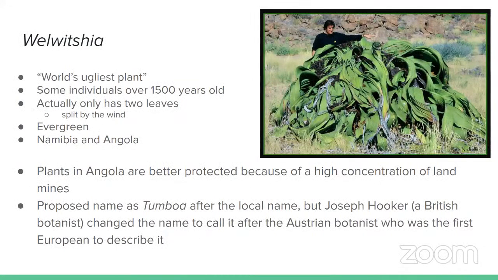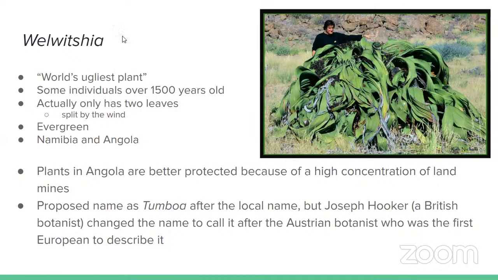Still in this group, looking quite different, is our world's ugliest plant, according to some guy on the internet. This is our Welwitschia. Some individuals are up to 1500 years old. And the thing I think is crazy about this plant is that everything you see here is actually only 2 leaves.